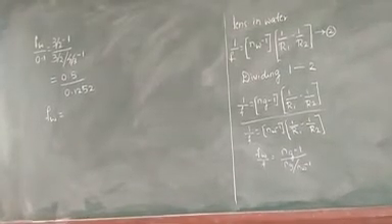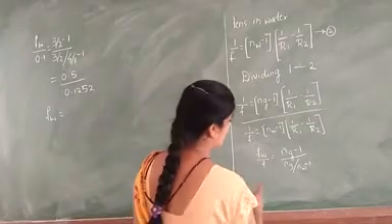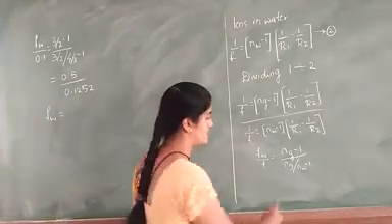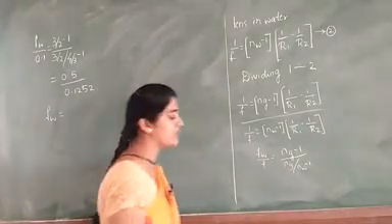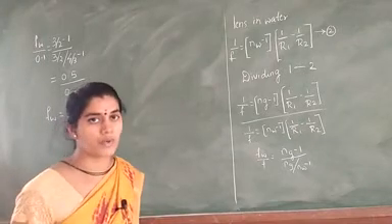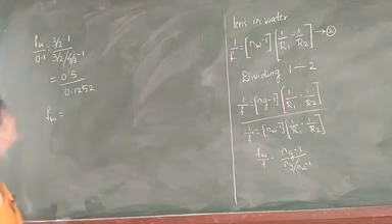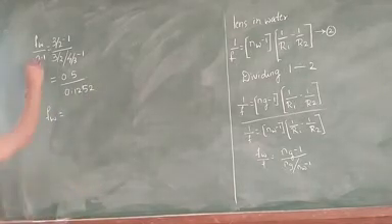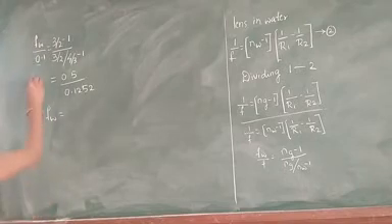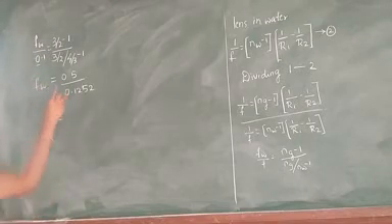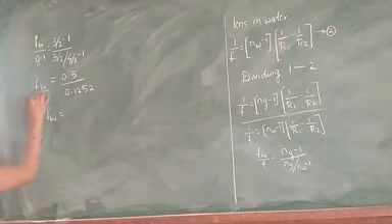Now here we are considering the formula fw by f is equal to Ng minus 1 divided by Nw minus 1. Put the values of Ng and Nw, and we can find the value of fw by f. And here we know f is equal to 0.1. Therefore the value of fw is equal to 0.5 divided by 0.1252.